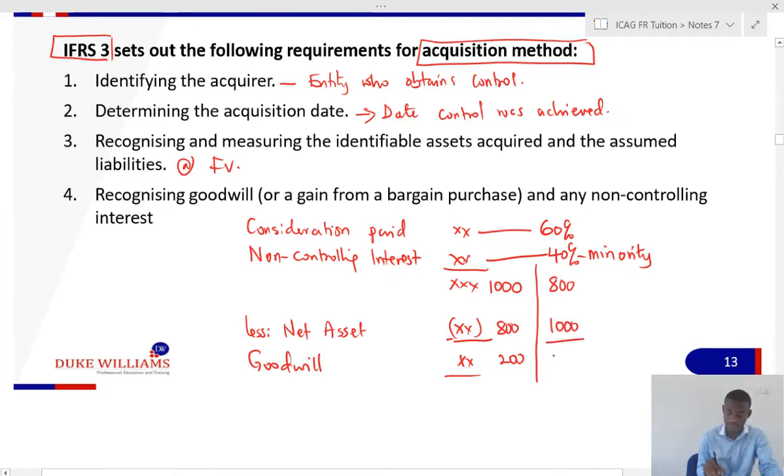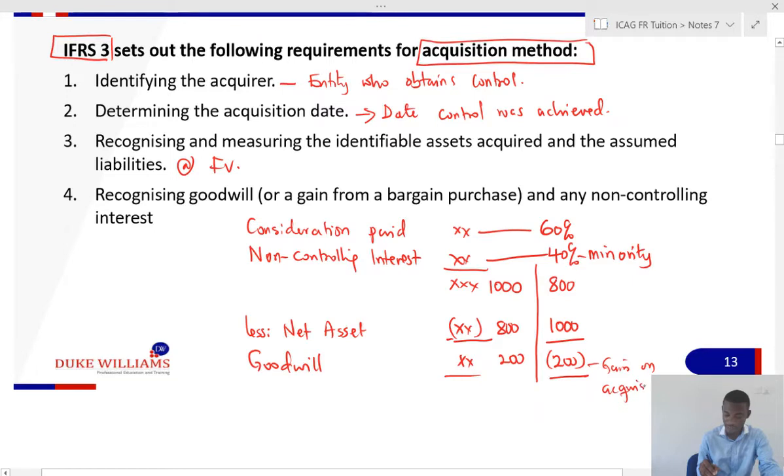And when that is the case, we have a negative here, and the negative is negative goodwill. But we often do not recognize the negative goodwill in the accounts. We say that it means that the business is undervalued, and the undervaluation becomes a gain. We say this is a gain on acquisition.